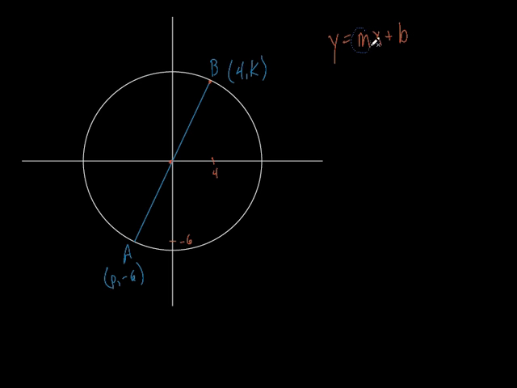What we're trying to do is find the slope. If we can find the slope of this line, then we should be good to go. So let's figure out how to do that. Well, let's look at this. We went over 4 and you went up. Now watch. This is the same distance because this is a radius of the circle.